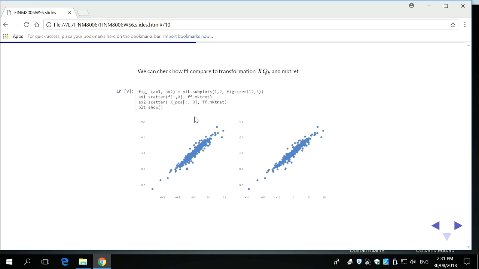If I plot both the F I just calculated and this X PCA, which I can calculate from x times Q of k, against the market return, what do you notice here?